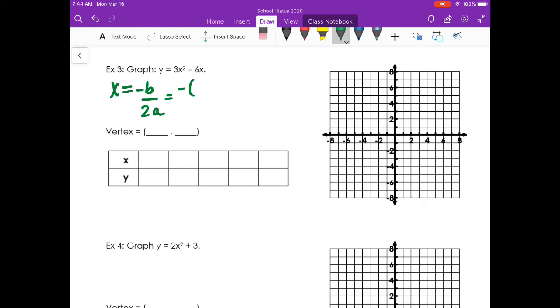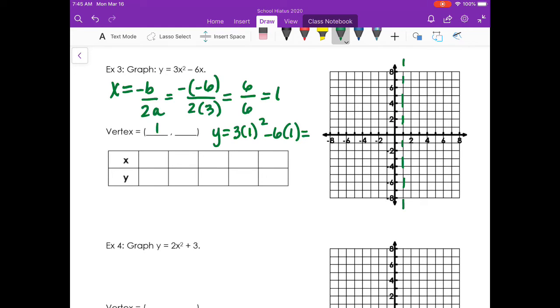Something important to note about example 3 is that the leading coefficient is positive 3. This means that the graph will open upward when you begin plotting your points, and that it will have a stretch by 3 units. All of the y values will grow 3 times as fast as you move away from the vertex.